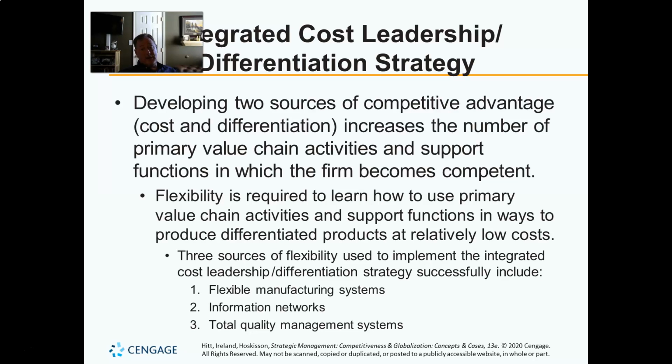Now, keep in mind, if you're going to run that strategy, you've got to have the competitive advantage, because remember, strategy is rooted in your resources. Resources lead to capabilities. Capabilities lead to core competencies. Core competencies lead to competitive advantage. Competitive advantage leads to superior financial performance. So if you're going to run that best value strategy, you've got to figure out what is your competitive advantage.